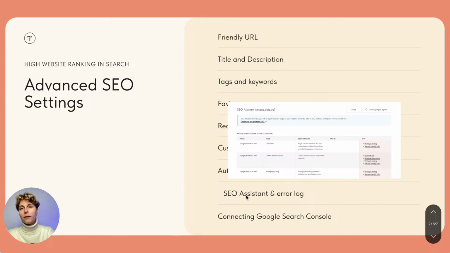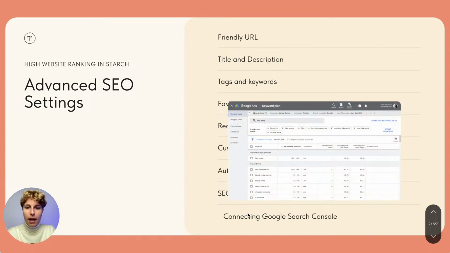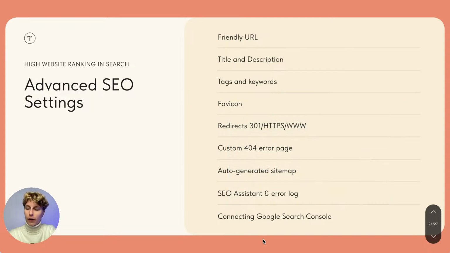Or for example, if you forgot to add the H1 tag, which is very important for SEO, you will be reminded here and you will go and add it, and it will be fixed. And also, of course, you can connect the Google Search Console to make it faster for your website to appear on Google results. Okay.